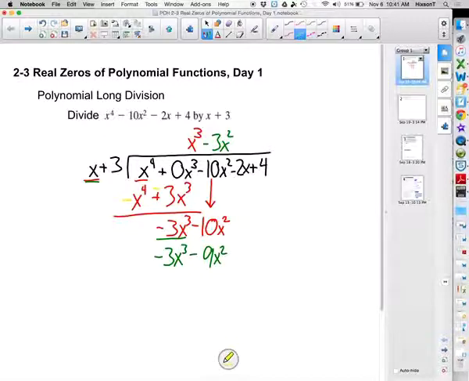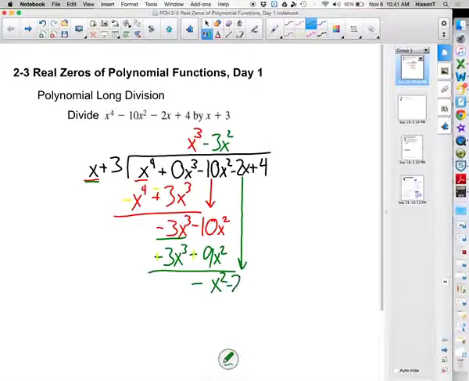So minus a negative 3x cubed is plus 3x cubed. Minus a negative 9x squared is a plus 9x squared. And again, just like it's supposed to, this first term should cancel out to 0. So we have 0x cubed, but we have a minus 1x squared. Okay? And then, again, we'll bring down our next term.